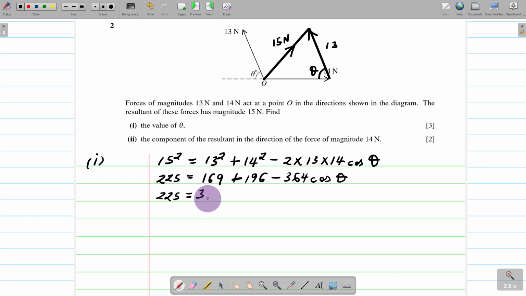This will give me 365 minus 364 cos theta.